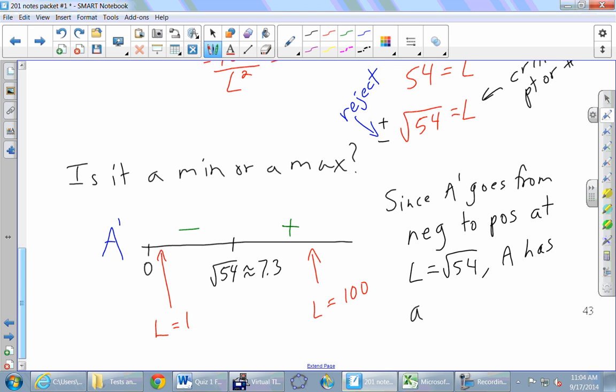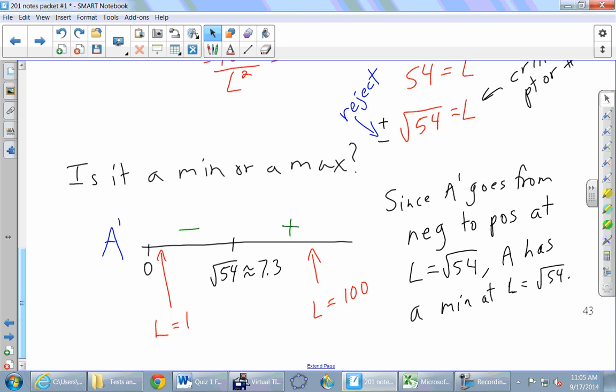Min. At L equals root 54. That is a full-fledged justification. A sign chart by itself isn't enough. You've got to tell me you understand what that sign chart represents.